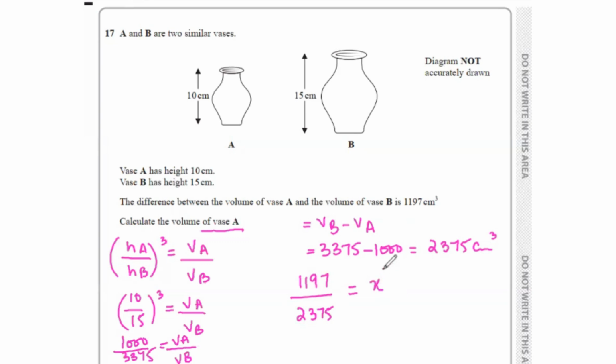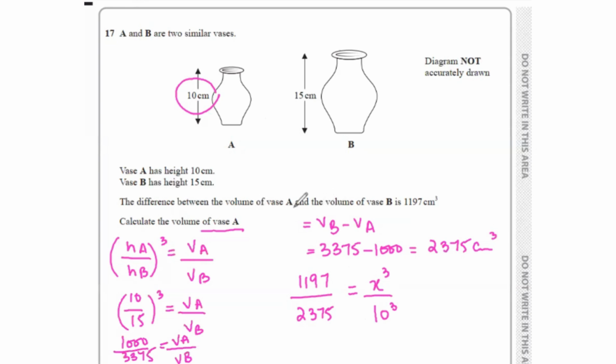So we can write x cube over 10 cube. Since we're sticking to vase A, because that's what they want the volume for, I use the height for vase A with this volume difference, so 10 cube. For the other, we don't know what the height is, so that's why I'm taking it as x cube.